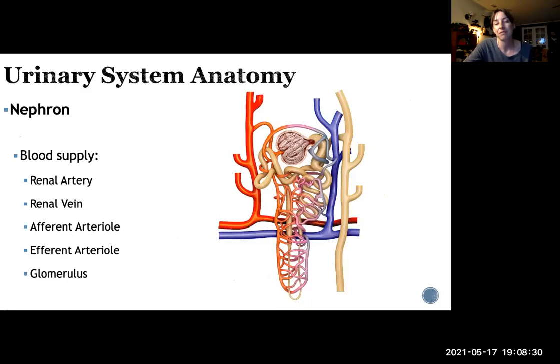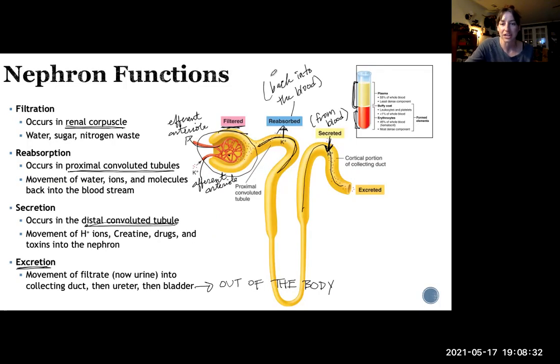All right, the blood supply of the nephron. I want you to notice actually here. This is a super oversimplified image of the nephron. You've got your renal corpuscle, proximal convoluted tubule, loop of Henle, which reaches down into the medulla, and the distal convoluted tubule, which ends up going into that collecting duct.